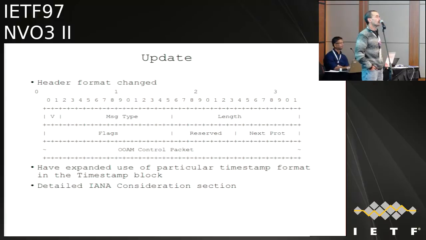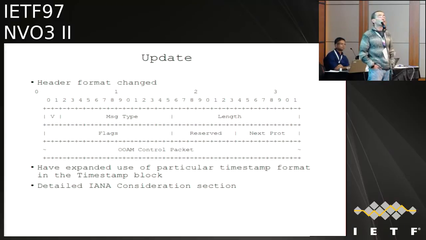One of them introduces an OAM header. Originally, and so this is just to give an update on a new version, we had one word for the overlay header, which had version number, message type, flags, and the length.